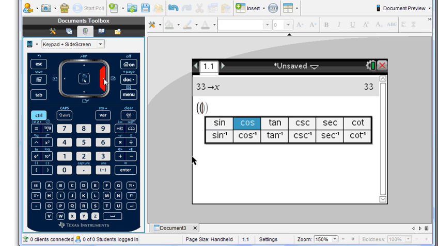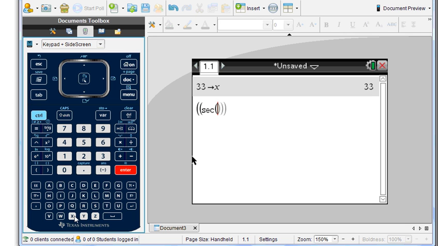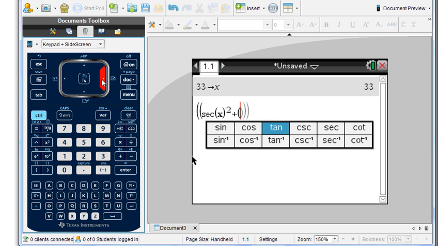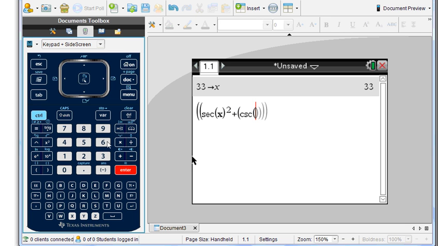So we go to secant x and squared on the outside, and we're going to add cosecant squared x. There's x. So we put squared on the outside here.